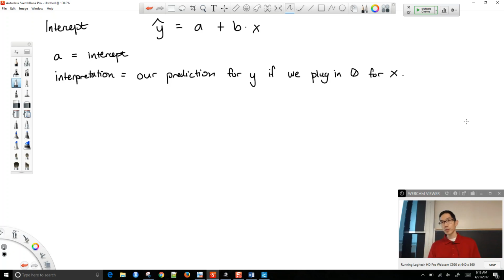Sometimes it makes sense to plug in 0 for x, other times it does not.